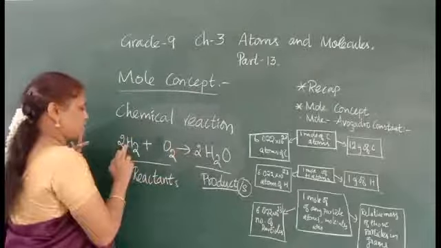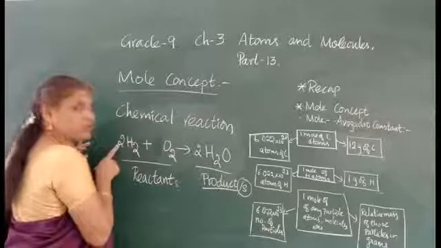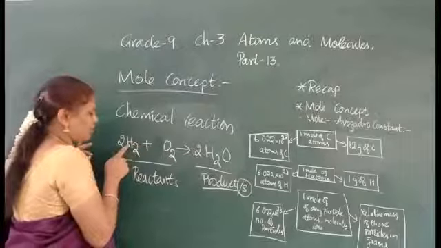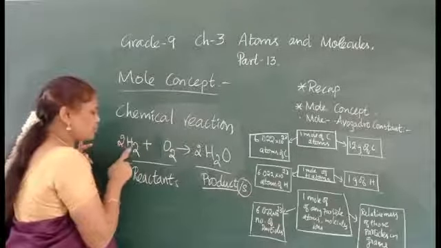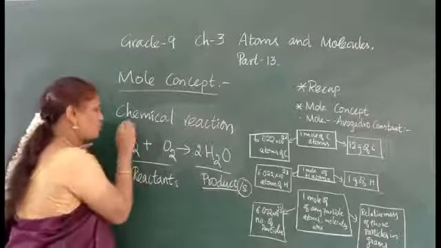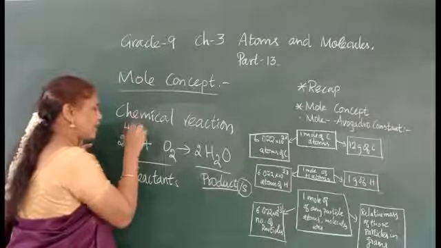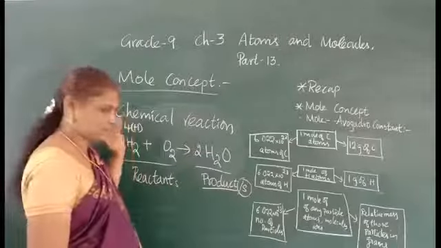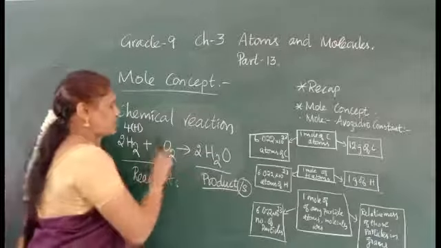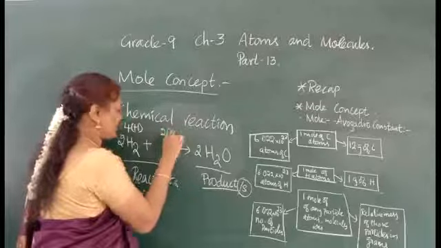Here, this 2 is mentioned for hydrogen, so you should multiply: 2 into 2, there are 4 hydrogen atoms on the left hand side, the reactant side. And how many oxygen? It is 2 oxygen.